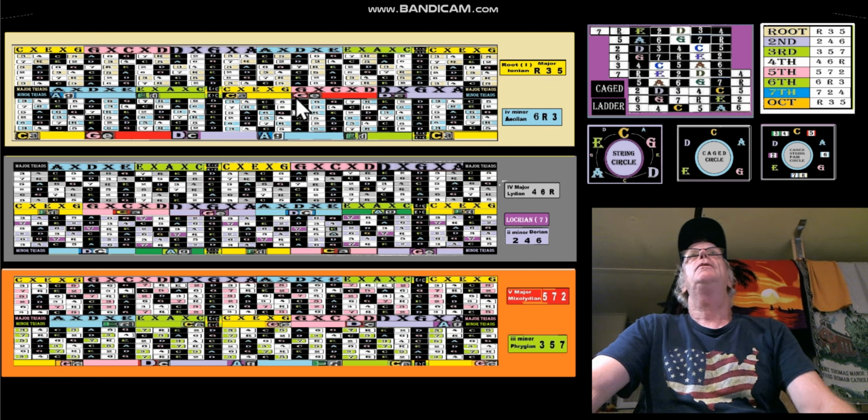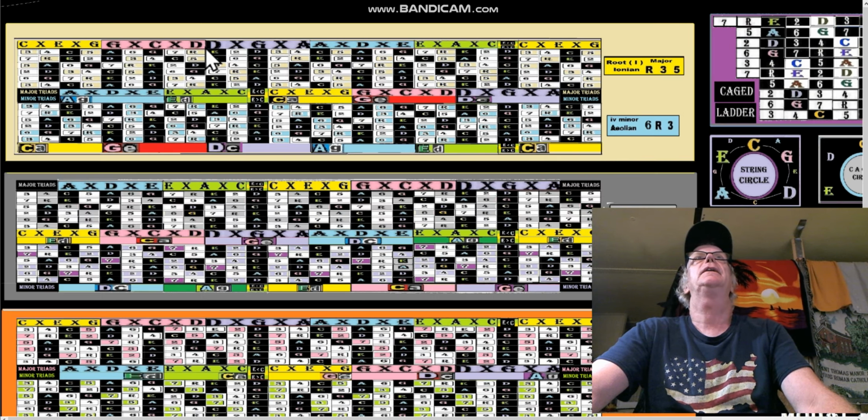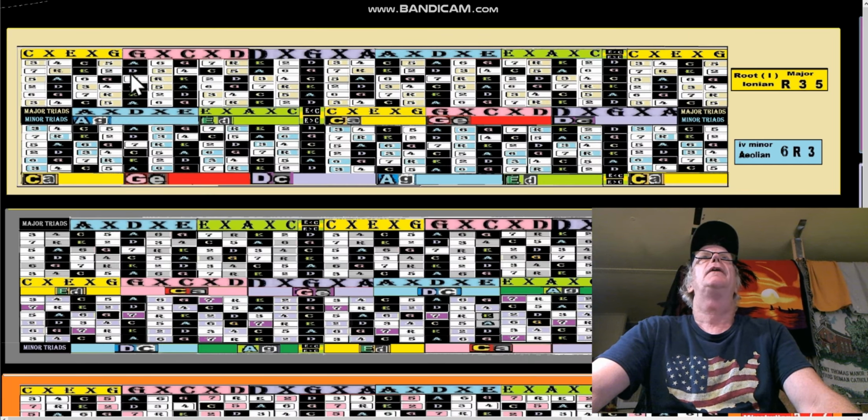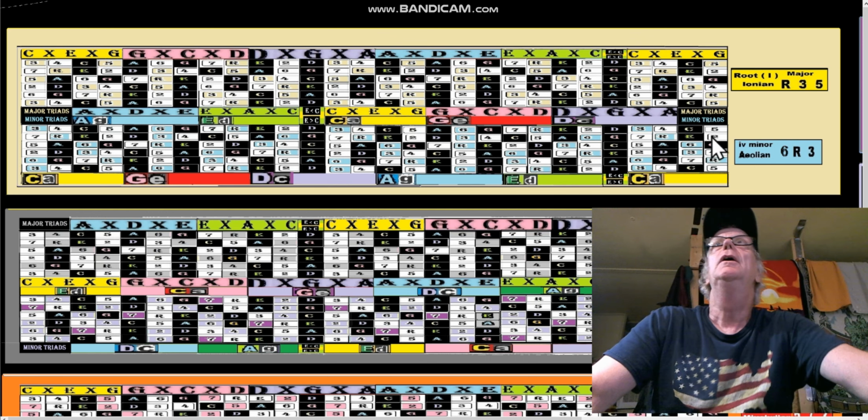So now we don't have 3 double fretboards. I've separated them out completely, where we have 6 single fretboards, and now instead of the Dorian being next to the Ionian, because it doesn't have to be anymore, we have the 6.